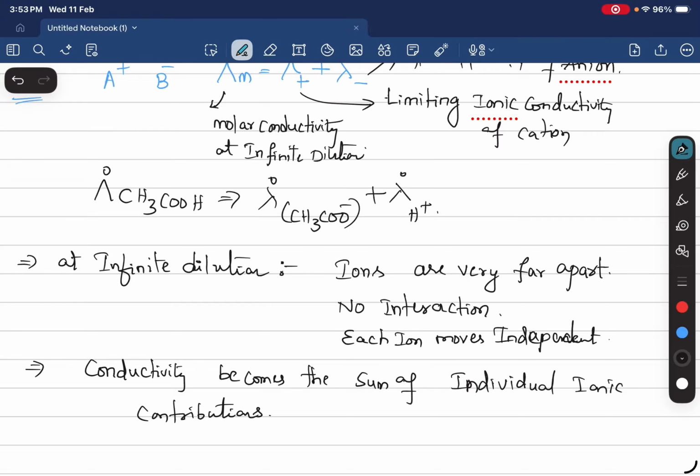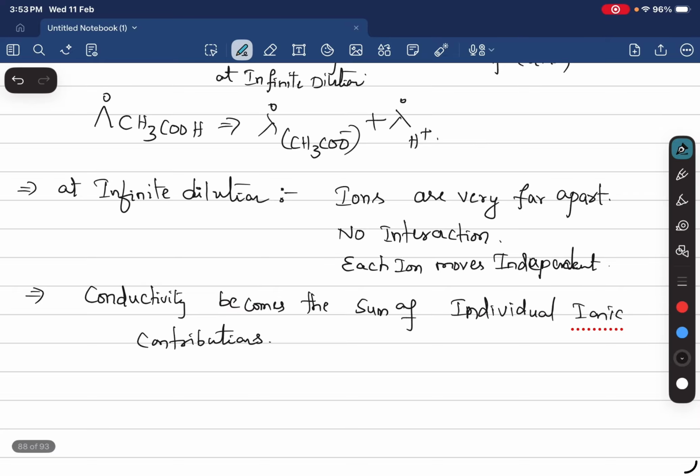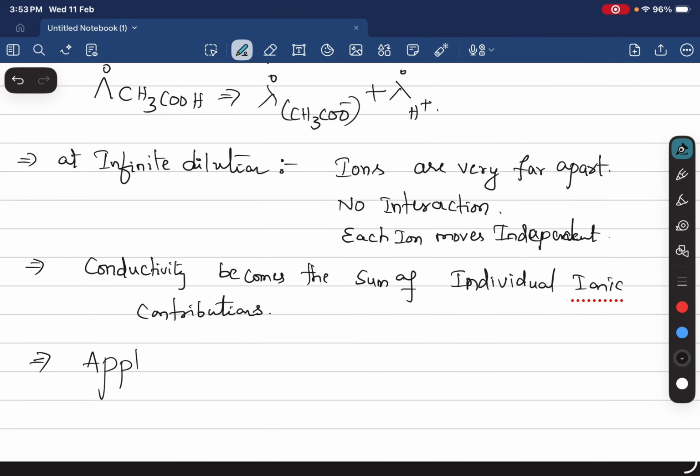In simple words, every ion is responsible for the conductivity of a weak electrolyte at infinite dilution. That's nothing but Kohlrausch's law. And coming to the applications of Kohlrausch's law, this is the most important; mostly questions are from this area.